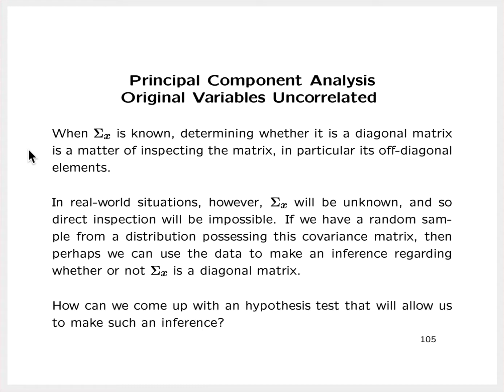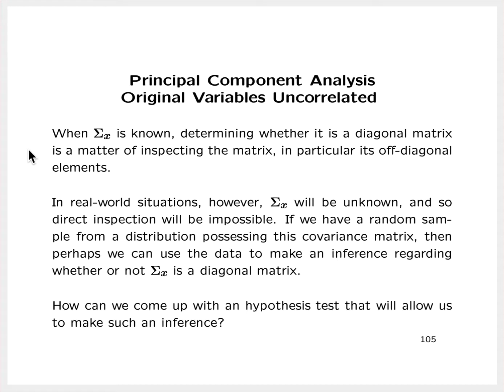We have to rely on the data, and we have to make a statistical inference. What we'll be doing then is making a decision about the population covariance matrix, which we cannot see, based on the data that we can see.